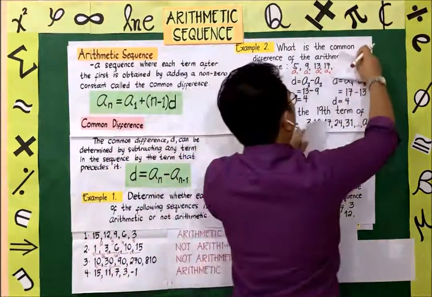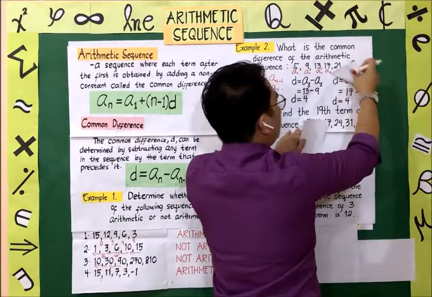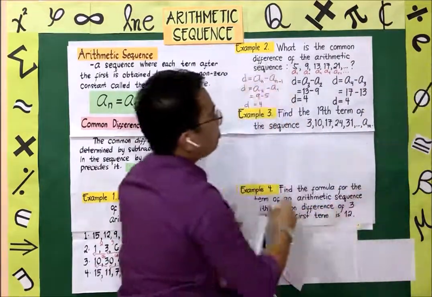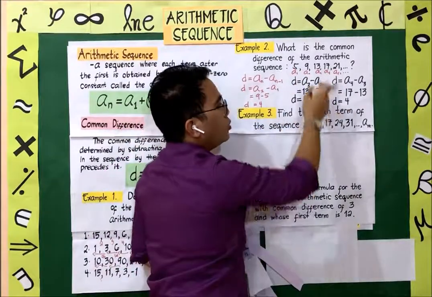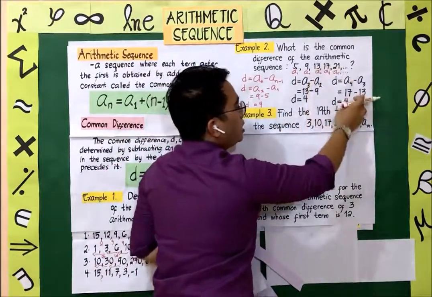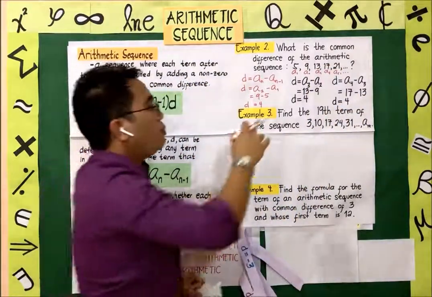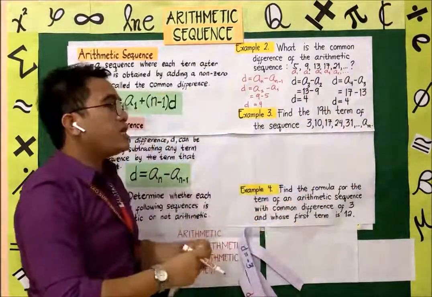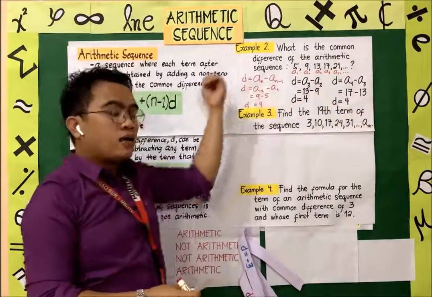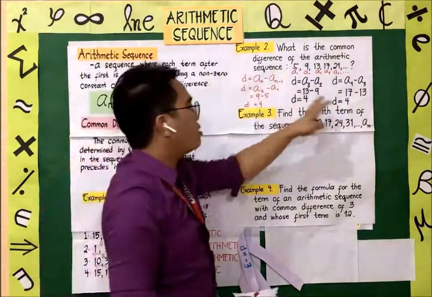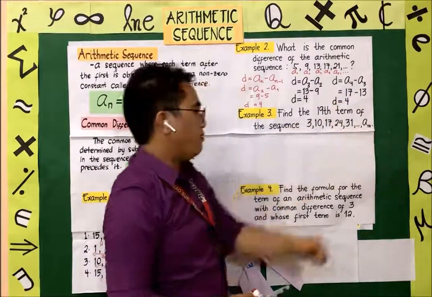Then also some of the following terms we have here. Sa A sub 4 at saka sa A sub 3. Papapansin din natin that when you subtract 17 and 13, your result is also 4. So, sunod-sunod na siya. Pwede na siyang i-minus dun sa preceding number dun sa current term. I-minus mo lang, so makukuha mo lang yung common difference na.